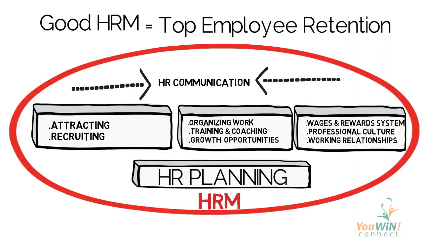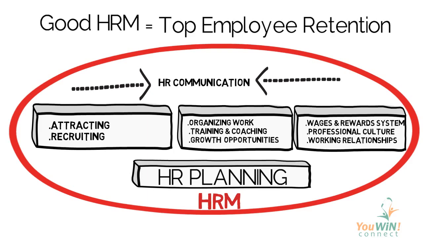The chart we are looking at now gives an overview of key HRM activities. It also emphasizes that HR planning is a continuous process based on a plan catered to each company and resulting from the business common goals.